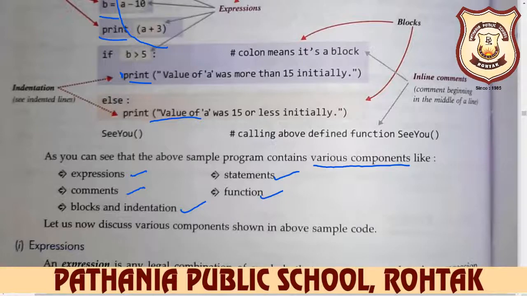We use these components differently in a program. It is not compulsory to write all these components in a single program. For example, if we need addition of 2 numbers, we don't need the function.